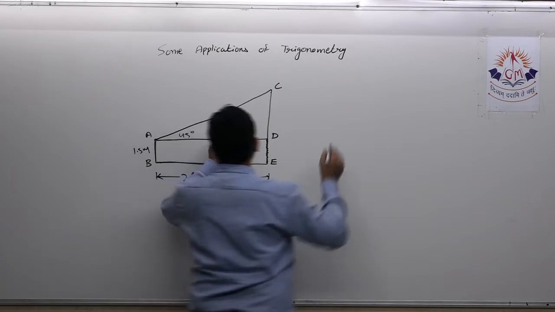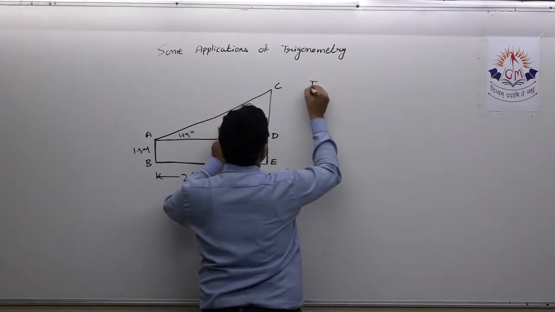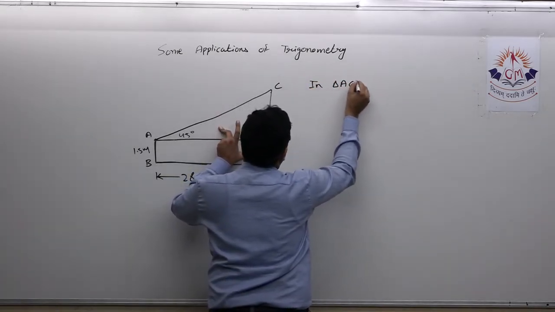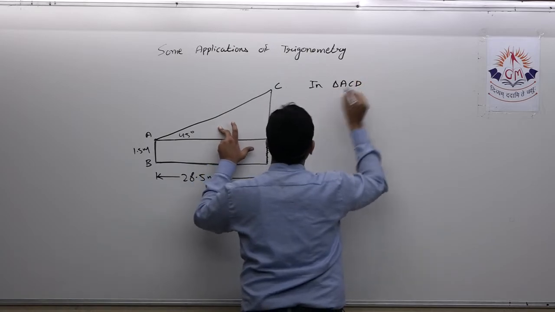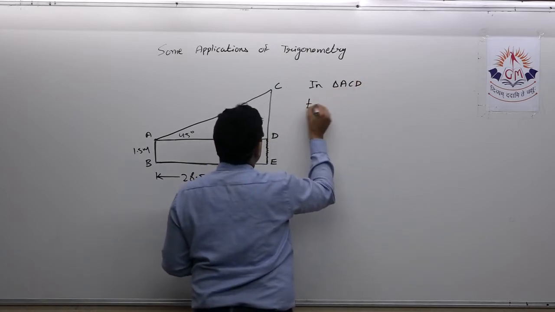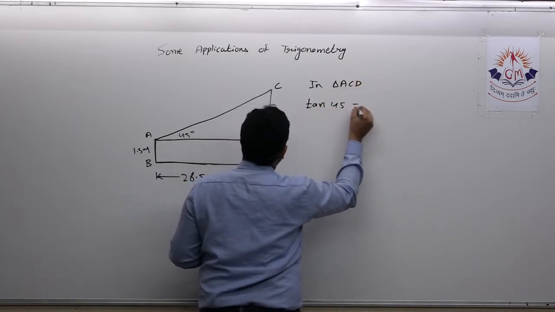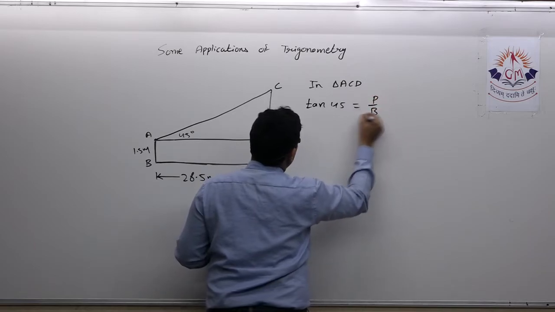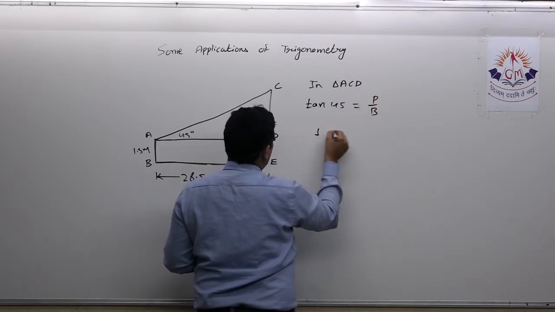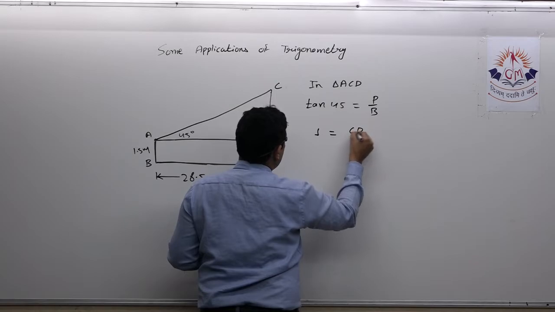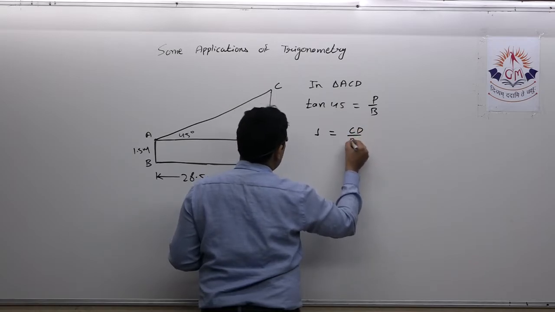So in triangle ACD, I can say tan 45 is equal to perpendicular upon base. Tan 45 is 1, perpendicular is CD, base is AD.